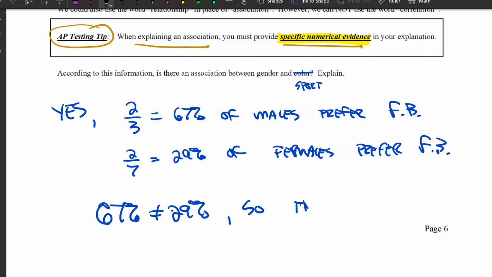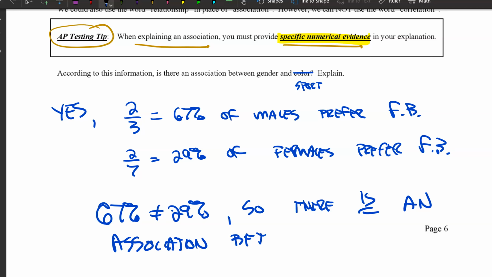So there is an association between gender and sport preference.